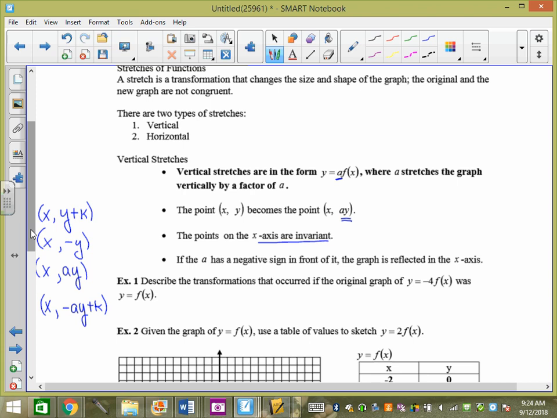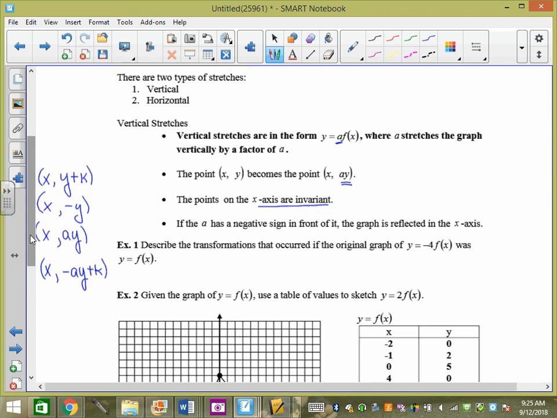Right, y equals 0. And what am I doing? I'm keeping my x's and I'm multiplying my y's by a number, correct? But on the x-axis, my y's are 0. And when I multiply them by anything, what are they going to stay? 0. So they're going to remain invariant because you're multiplying a number by 0.